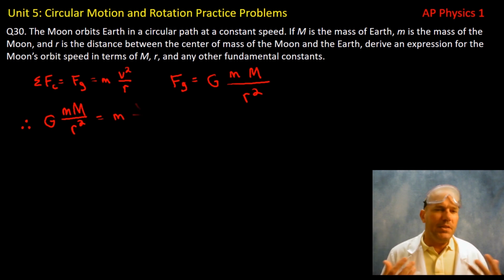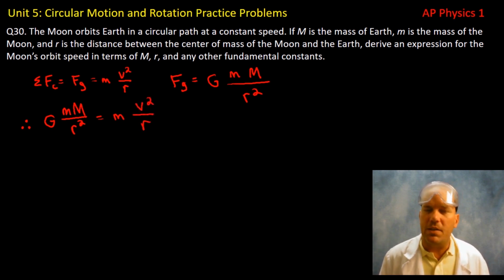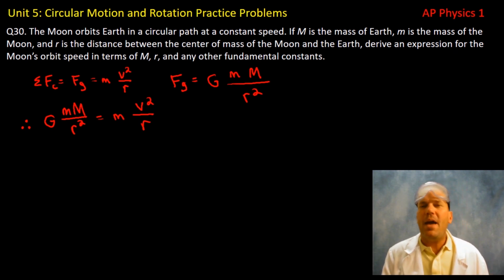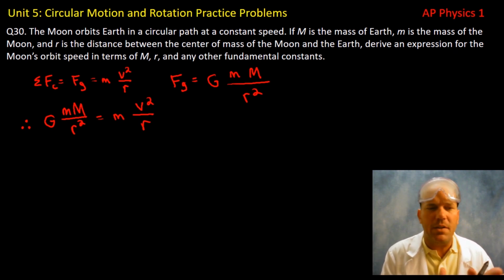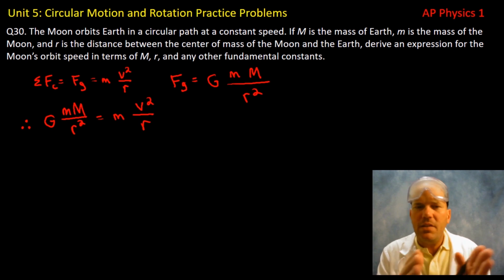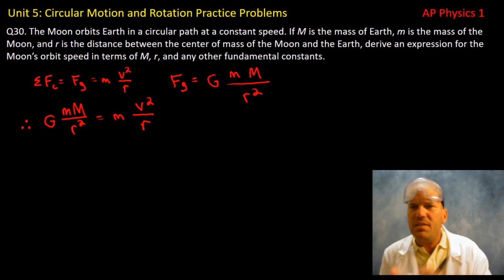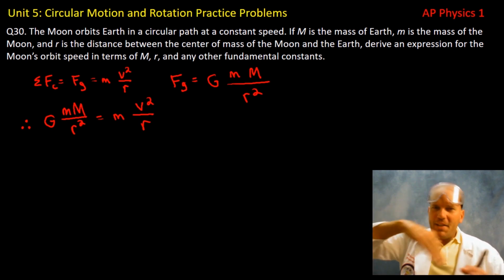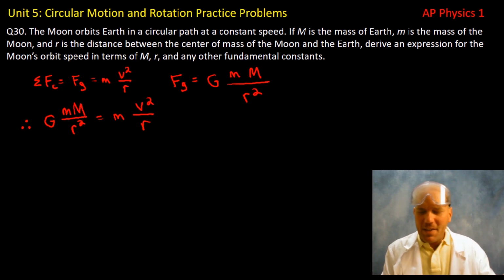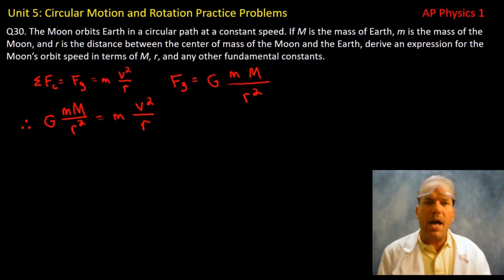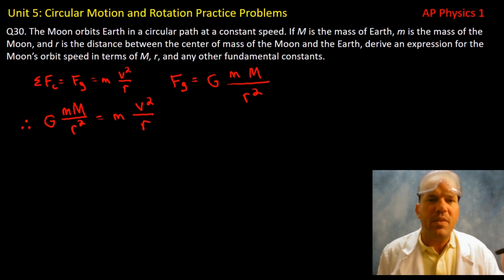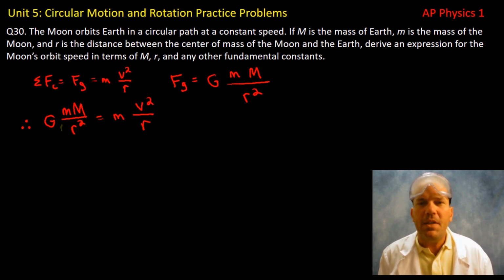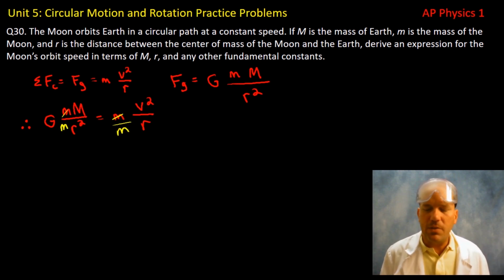This is the first of many times we're going to do this. And if you look here, the mass of the smaller object, in this case the moon, which is the object being made to follow a circular path, cancels out. So the mass of the object that is orbiting the Earth, i.e. the moon, doesn't matter. It cancels out.